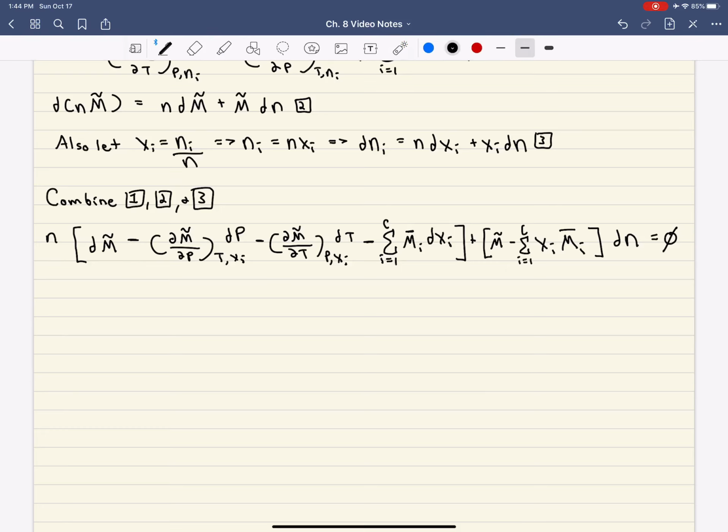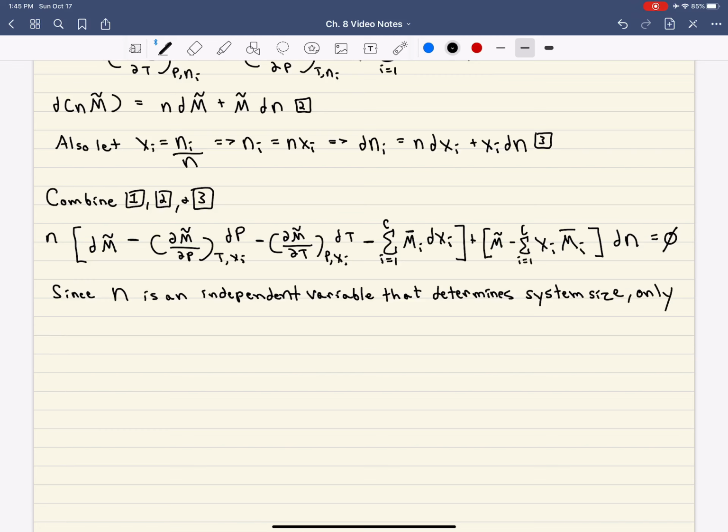Okay? So let me write that out. Since N is an independent variable that determines system size, the only way that the above equation is true is if each bracket is equal to 0.